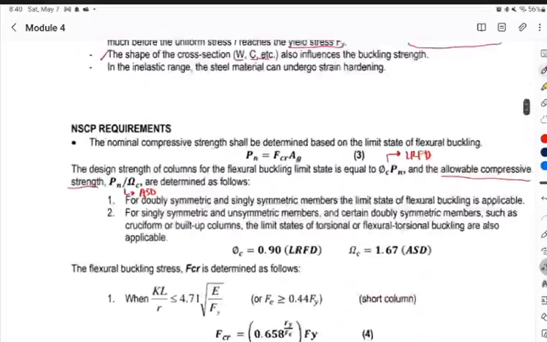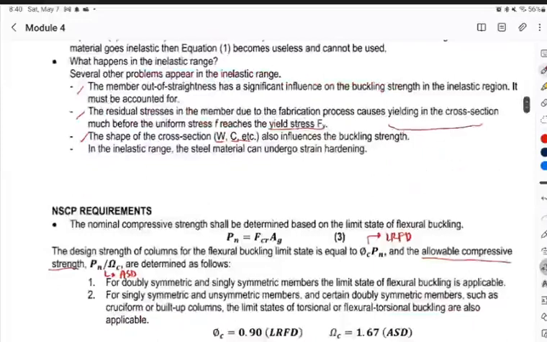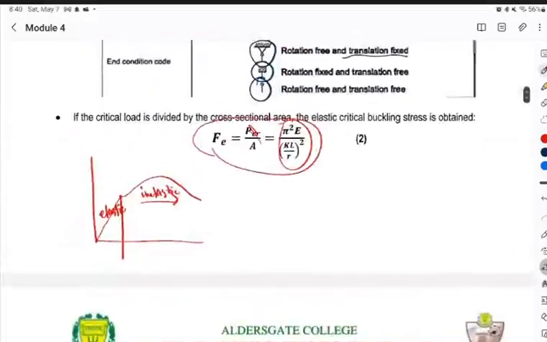Again, the computation for Fe, or elastic critical buckling stress, is pi squared E all over KL over R squared. Do not use this formula. Use this formula, yung isa.